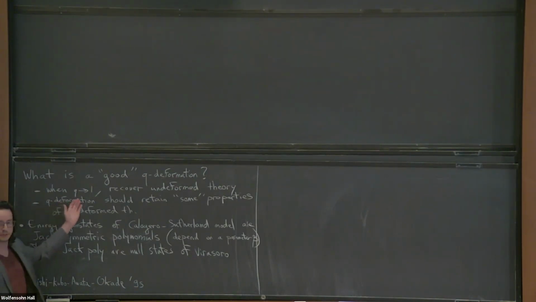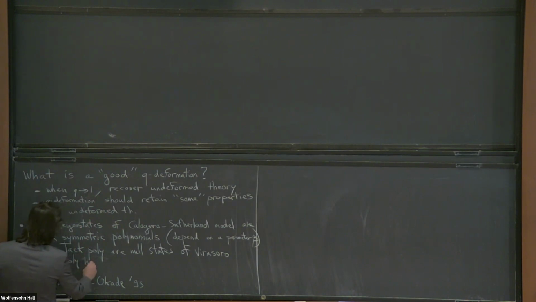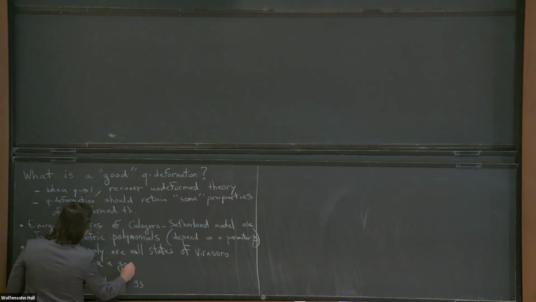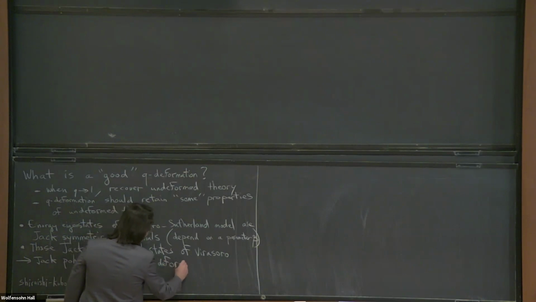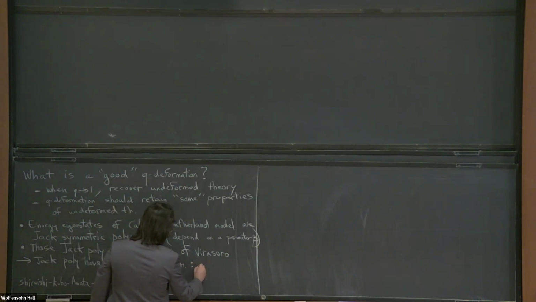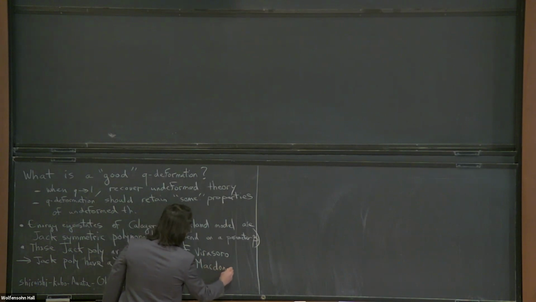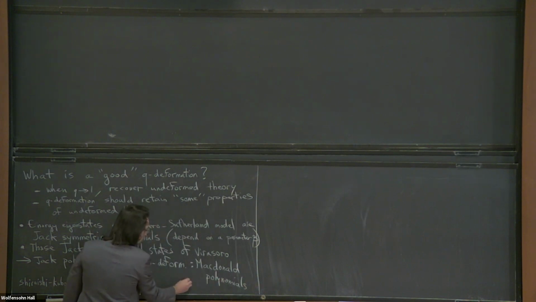So Jack polynomials have a good q-deformation, according to the mathematicians: the Macdonald polynomials. The Macdonald polynomials depend on two parameters, which I'll call in this talk Q and T.